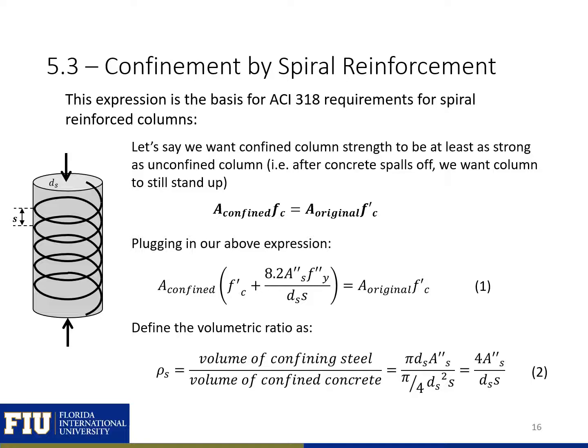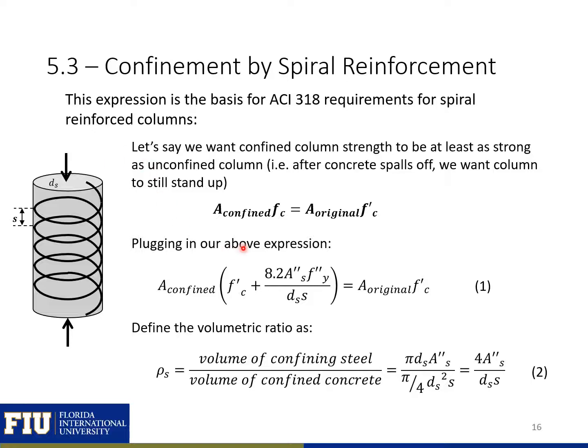What ACI tries to do with their reinforcement limit for the spirally reinforced column is they want their confined column strength to be equal to or greater than their unconfined column strength. So they want to make sure that when the cover spalls off, the confined core still has some strength to hold up the building above.